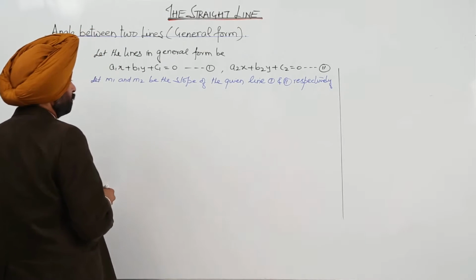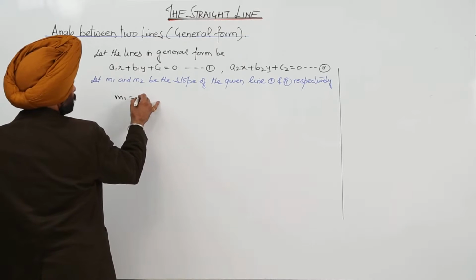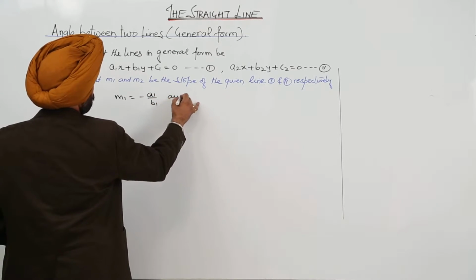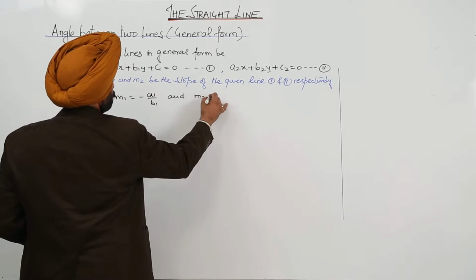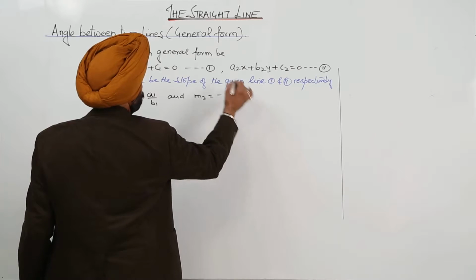So now we can directly write it: m1 is equal to negative of a1 upon b1 and m2 is equal to negative of a2 upon b2.